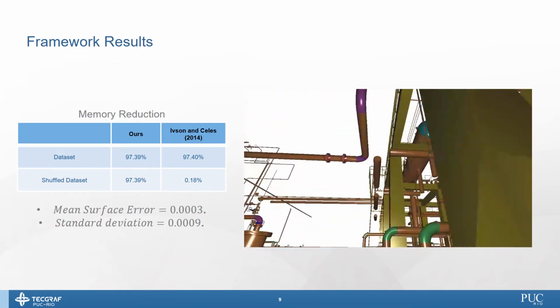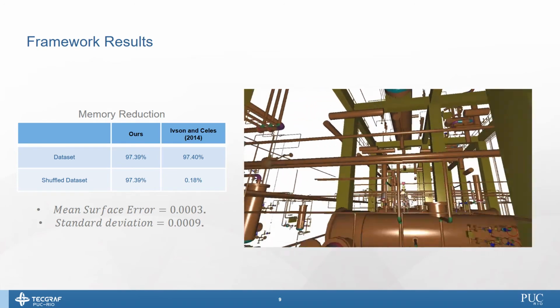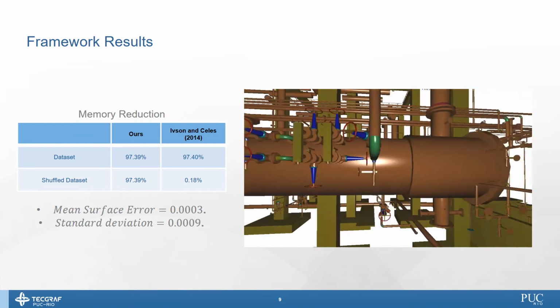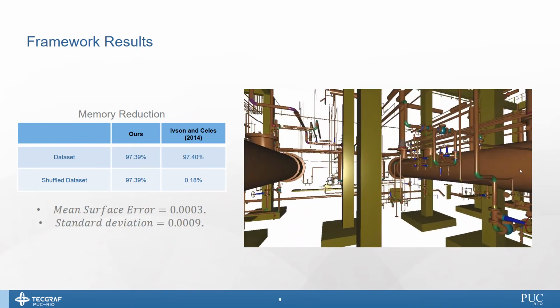However, when shuffling the dataset, since the triangle meshes can have different triangulations due to different modeling techniques, we still maintain the same memory reduction, while Ibsen and Sed's work performs poorly, since it is very topology dependent.